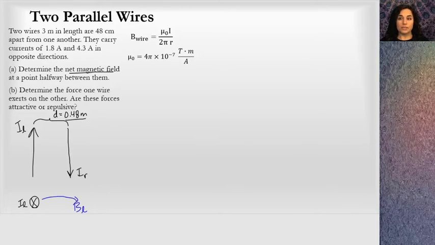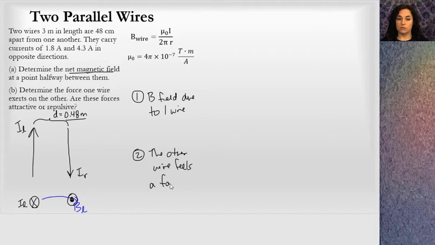So what happens is now we're putting the right-hand wire in the magnetic field of the left-hand wire. So we'll put a current in here. So there's two steps going on: there is a B field due to one wire, and then the other wire feels a force due to that first magnetic field.